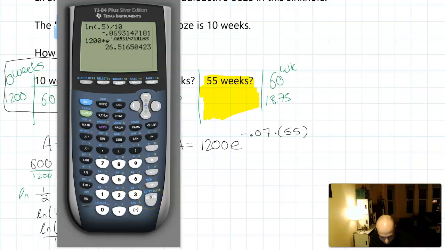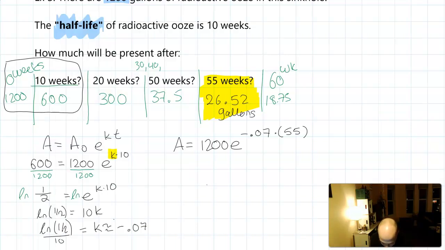We get about 26.52 gallons of radioactive slime. And that should make sense, since it's somewhere between the numbers for 50 weeks and 60 weeks. So that seems like a good logical answer.